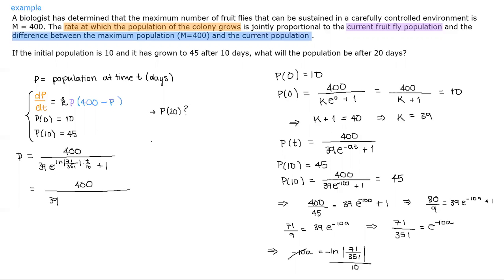And this e to the ln of 71 over 351 times t over 10 is the same as if I just evaluated this and then put everything to the exponent of t over 10. So this is times 71 over 351 to the power of t over 10 plus 1.